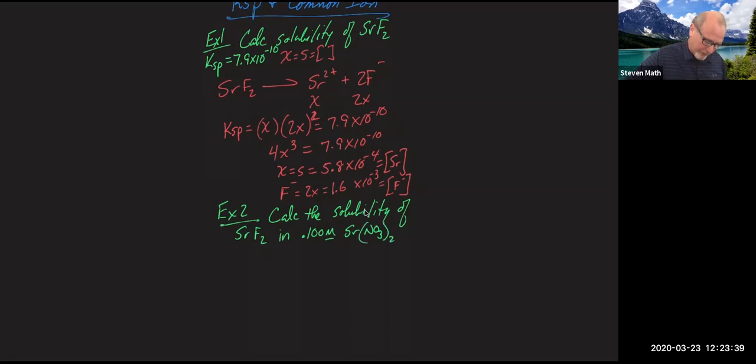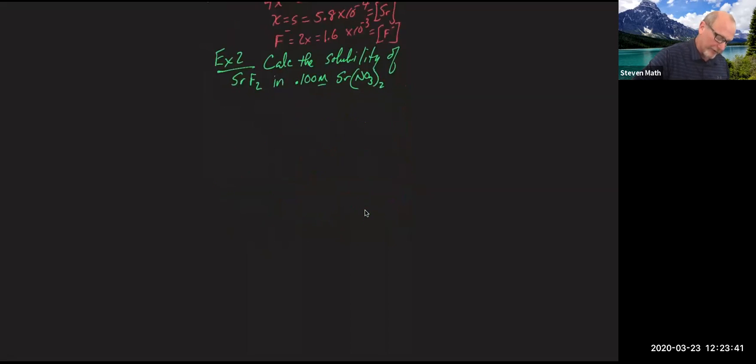And this is where the common ion comes into effect. Because now, if we write out the equation, SrF2 is going to go to Sr2+ plus 2F minus. Now, all of a sudden, we're going to start out with 0.1.